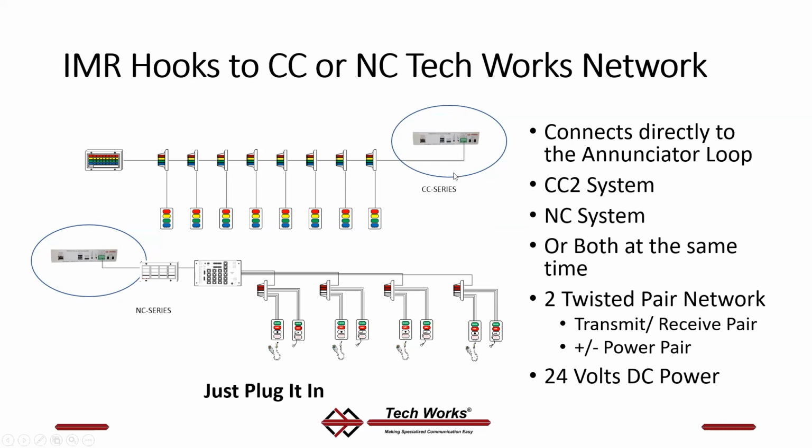But by just plugging it into these devices, it learns all of the TechWorks devices automatically. So it'll build its own database. You just go around, push all the buttons in the system, pull all the pull cords. It will build its own database of what's connected to it from a TechWorks network. It will, however, require programming to connect from the TCP/IP out to the rest of the world.